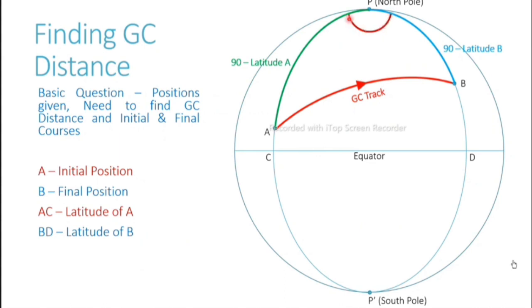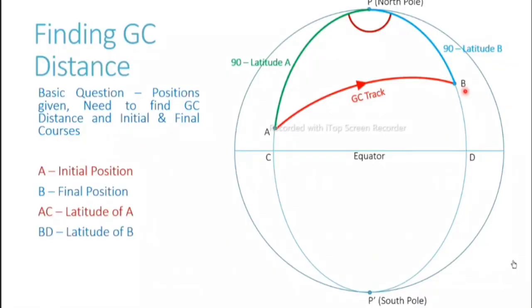This is the D long between A and B. As the initial and final positions A and B are given to us, we have the longitudes of A and B known. Once you have the longitudes, we can easily find the D long between A and B. So the D long between A and B gives us angle P of the spherical triangle PAB. This is the third item known to us, that is angle P.